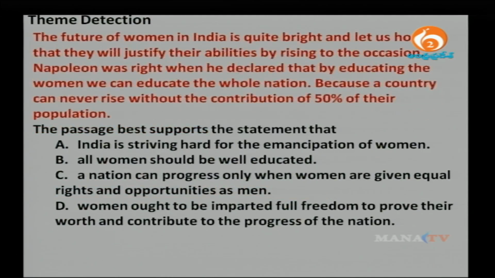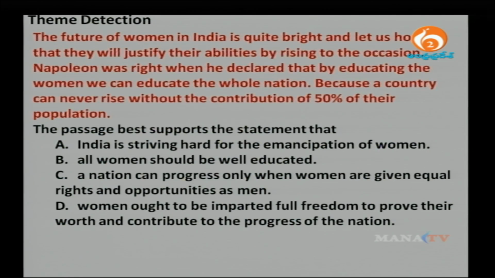Next, the future of women in India is quite bright, and let us hope that they will justify their abilities by rising to the occasion. Napoleon was right when he declared that by educating the women we can educate the whole nation, because a country can never rise without the contribution of 50% of their population.